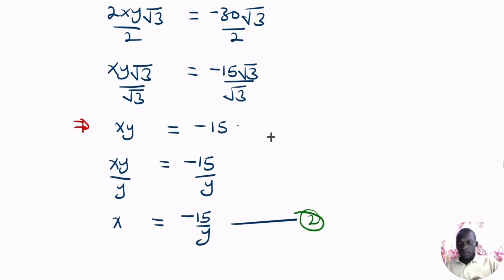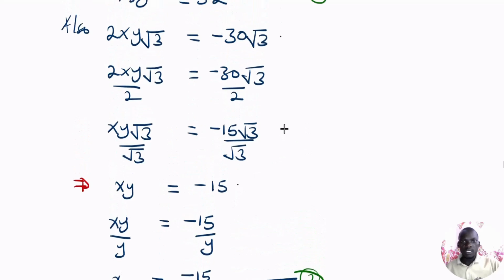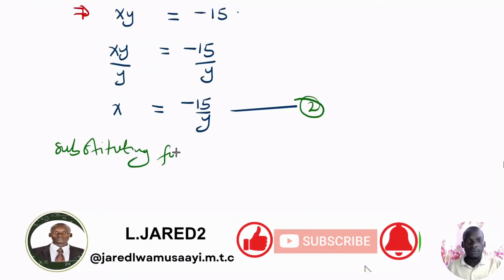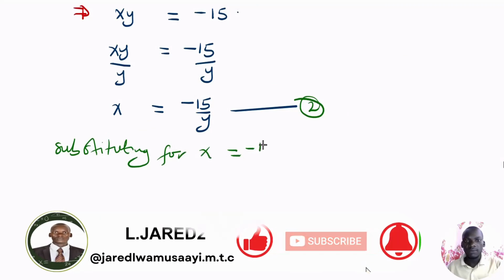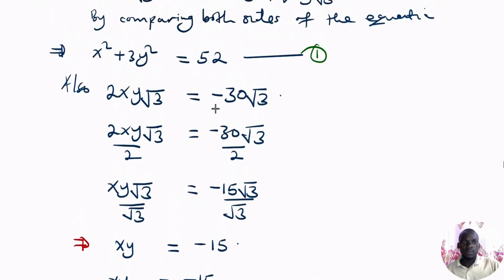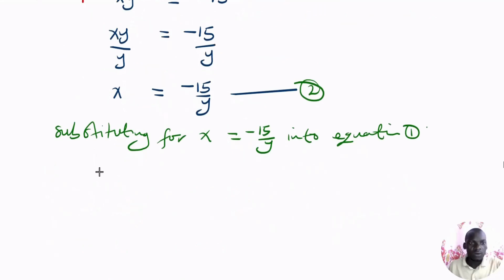From this step, we are going to substitute for x from equation 2 into equation 1. Remember, our equation 1 is x squared plus 3y squared equals 52.